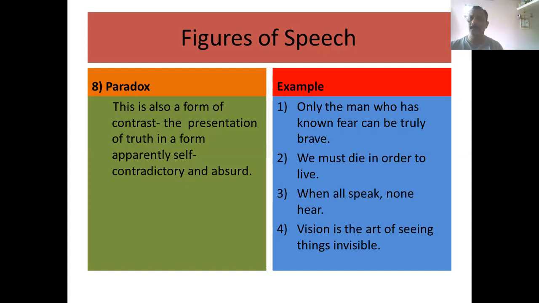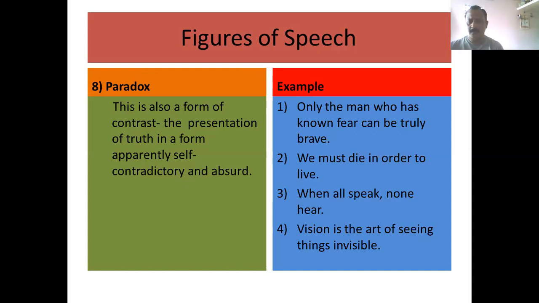This kind of vision the poet has got, and because of that, he can see the invisible things also. Because of that, vision is the art of seeing things invisible. So here also opposite ideas are shown there. At that time, it is called paradox.